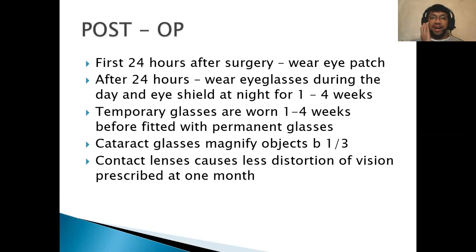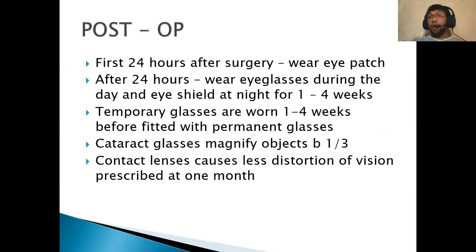One eye is going to be operated on, and the patient will wear eyeglasses during the day and an eye shield at night for the first 1 to 4 weeks. Afterwards, the other eye will be operated on. These temporary eyeglasses are worn for around 1 to 4 weeks, until being fitted with permanent glasses.